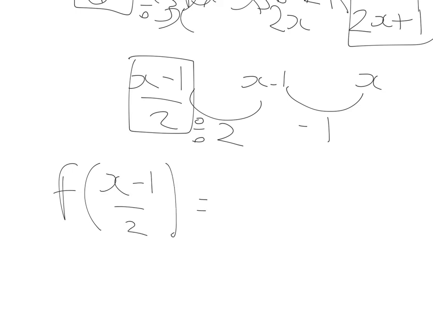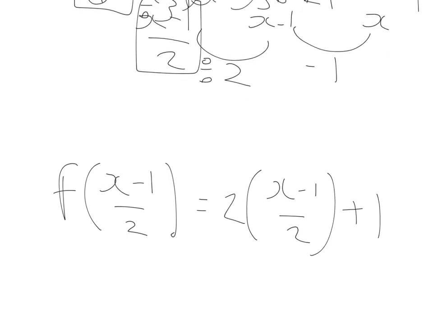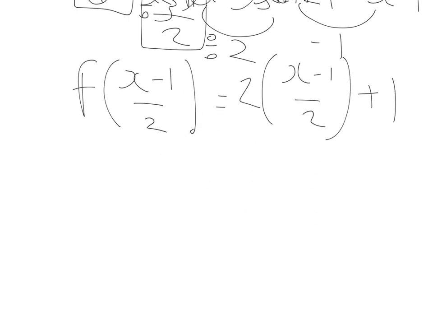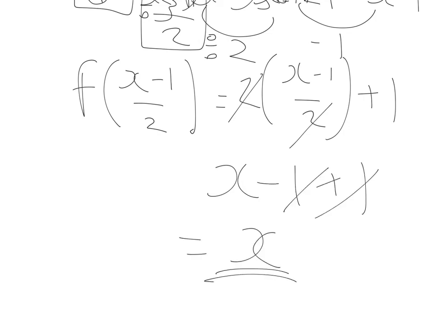So the f function is whatever's in the bracket, write it down, double it, and add on 1. Those two cancel out, get x minus 1 plus 1, those two cancel out, and as you can see, I get an answer of x, and that's the connection for f of g of x when f of x and g of x are inverse functions.